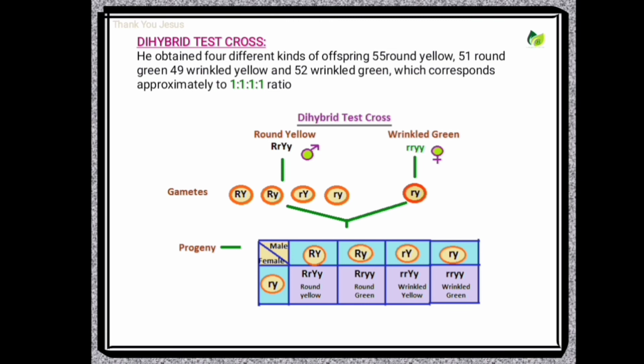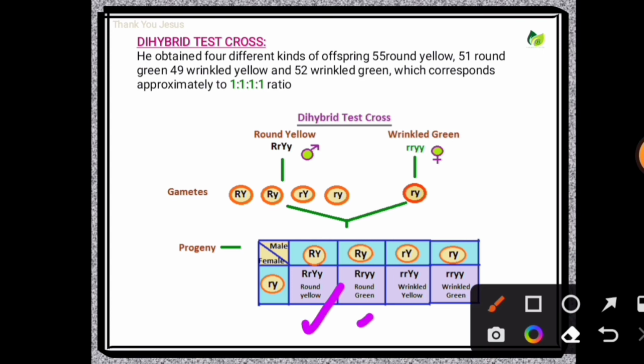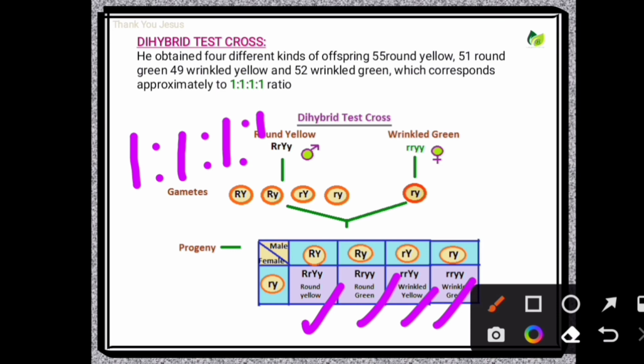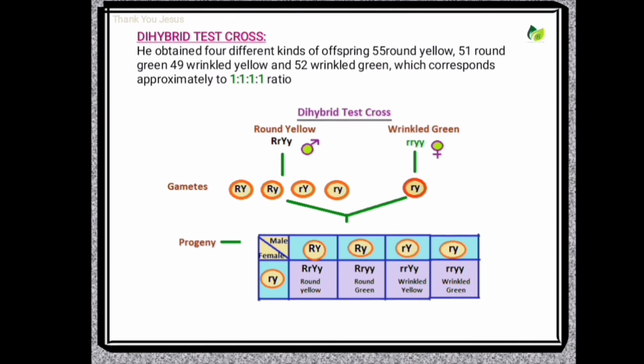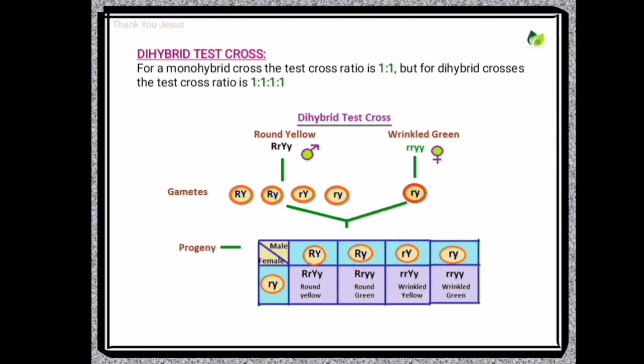So in this cross, four types of genotypes and also four types of phenotypes were obtained. For a monohybrid cross, the test cross ratio is 1 is to 1, but for a dihybrid cross, the test cross ratio is always 1 is to 1 is to 1 is to 1.